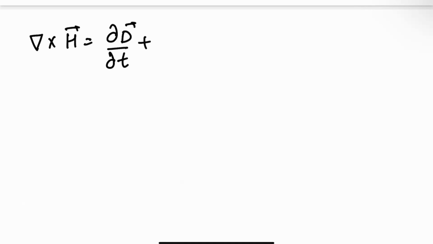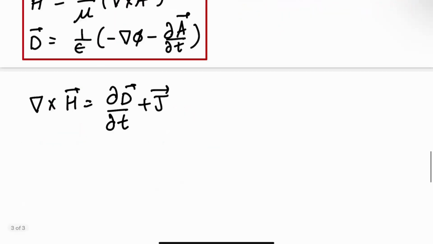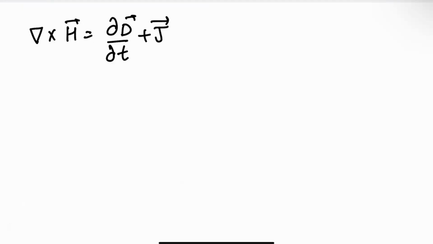All right, so let's do that. In order to do that, we want to find essentially the potentials as a function of the sources. And since we've already exhausted the homogeneous Maxwell's equations, we can go to the inhomogeneous part and try to derive those relationships. Okay, so from the inhomogeneous Maxwell's equations, this is the modified Ampere's law, which has the source J. And then I can substitute H and D from here and look at what A and phi satisfy.